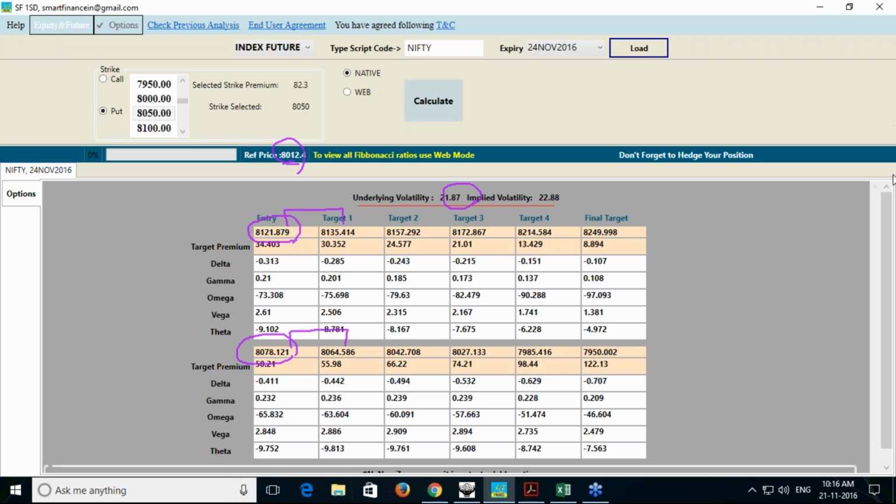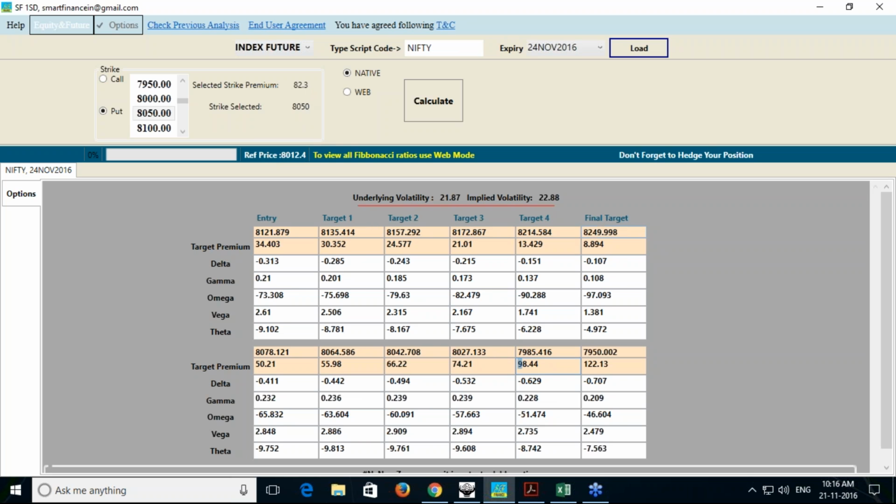So if I could have bought that 8050 put option, I could have bought it in the range of 52, 56, and at the 8027 level, 74 is the value, and 85, 98, and currently at 8012, it is trading in the 82 rupees range.